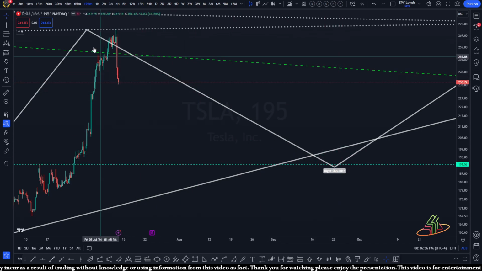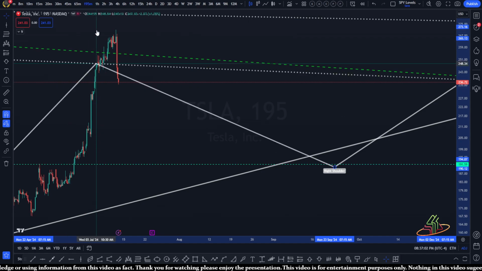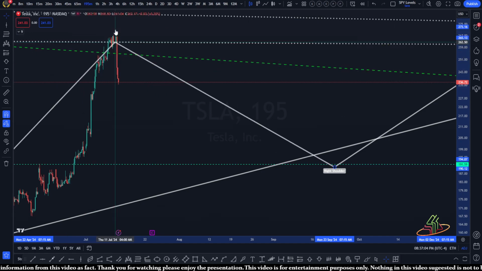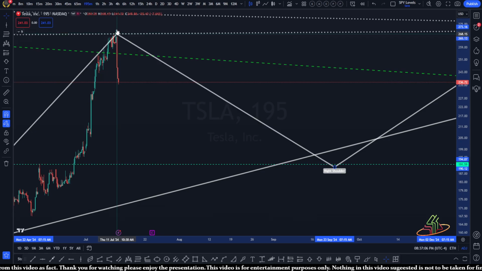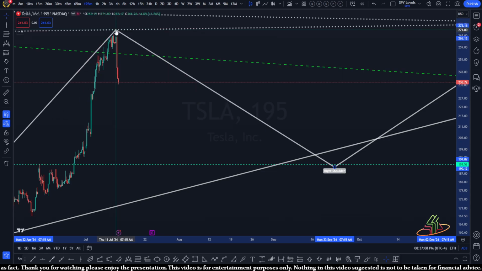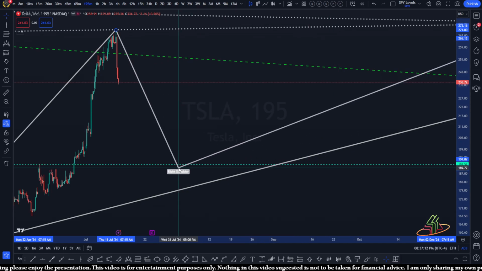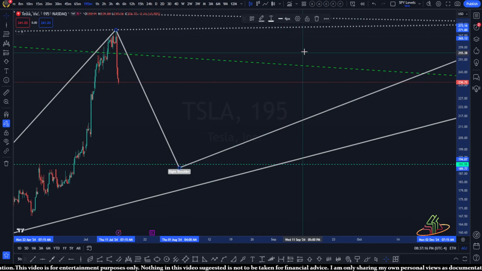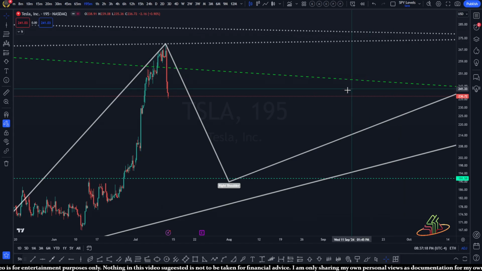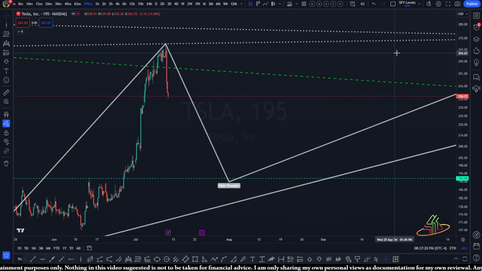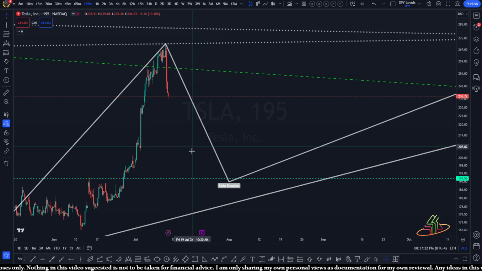And again, like I said, it doesn't necessarily have to be this far out. It can happen quicker, however you want. But the necklines are going to stay the same, right? Where this ends at, it's going to stay the same.